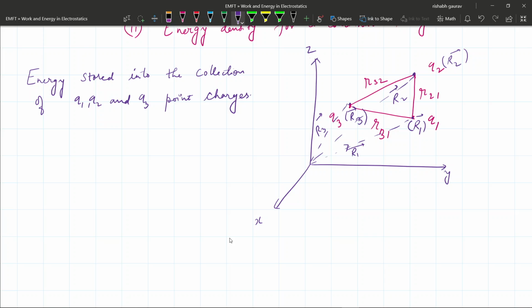So how much energy is stored in this system of point charges?